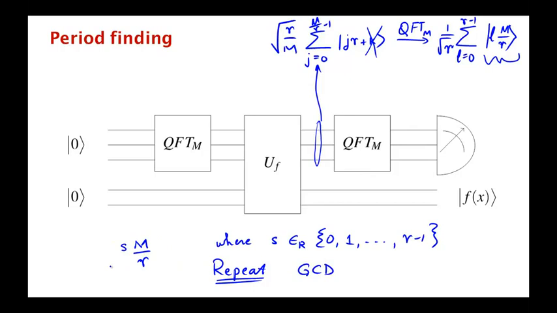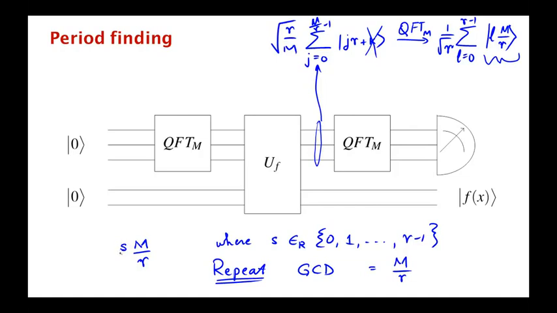And the claim is that pretty soon the GCD of these numbers will be equal to m over r, because these s's are random numbers between 0 and r minus 1. If you pick random numbers several times and you take the GCD, you are very likely to get 1, because this is an easy argument: what's the chance that all these s's are divisible by 2?